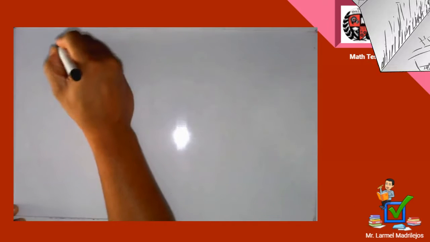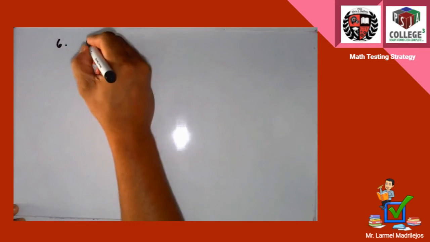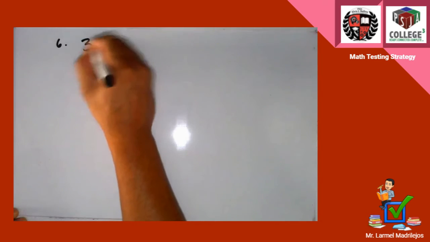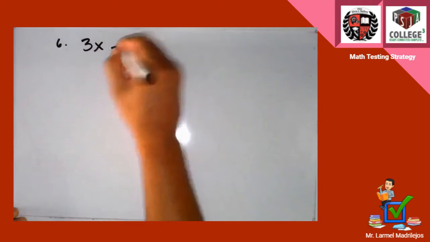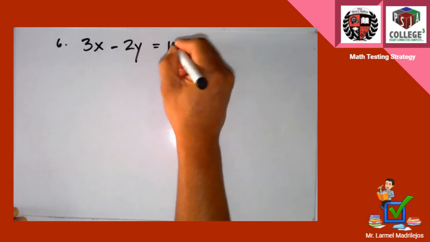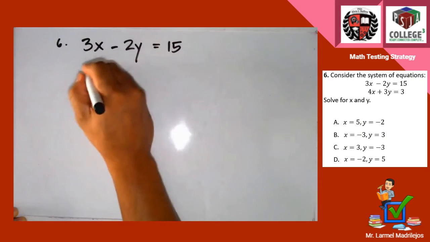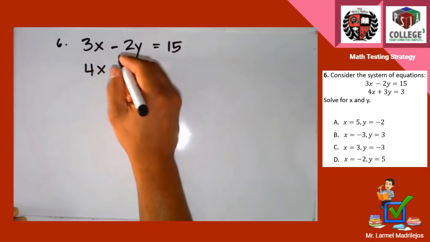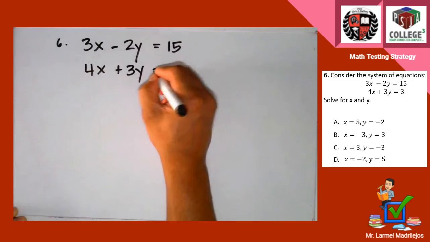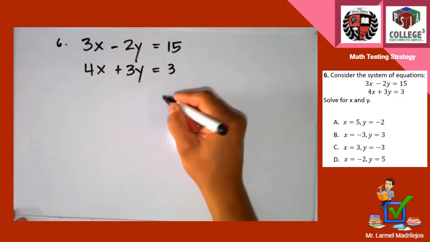Question number 6 says here, consider the system of equations 3x minus 2y equals 15, 4x plus 3y equals 3. The same thing I'm going to do.